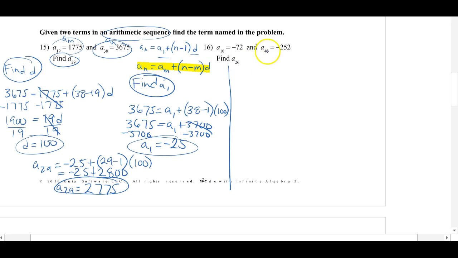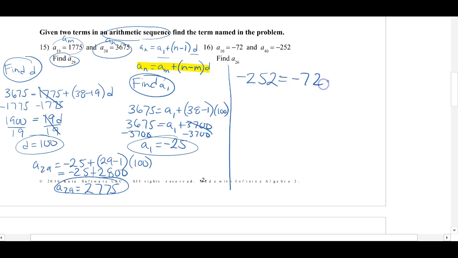What I'm going to do is take this last term and use the same idea over here. I'm not going to use a1, I'm going to use am, which is the first term given. So I'm going to plug in the negative 252, just like I plugged in the 3675 over here.